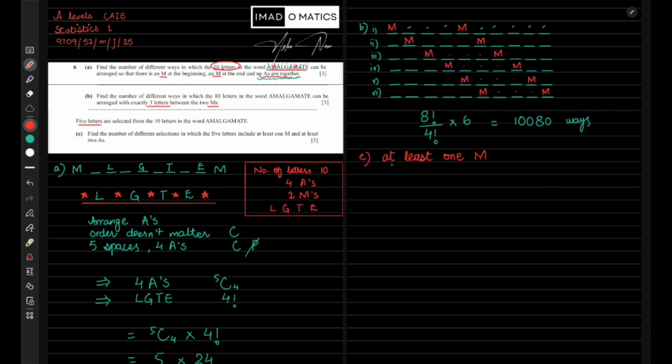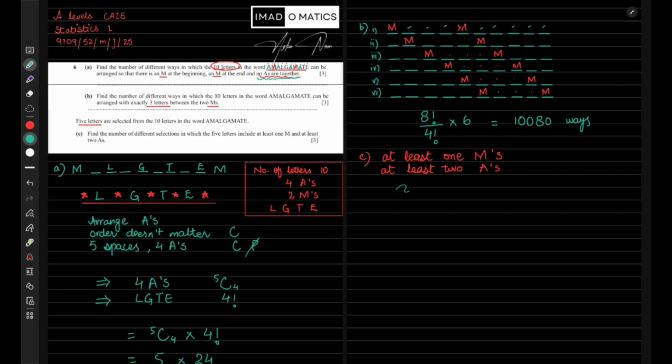And at least 2 A's. At least 2 A's means that there could be more than 2 A's, but at least 2. So this also we have to do manually, like list all the possible arrangements and then solve it.